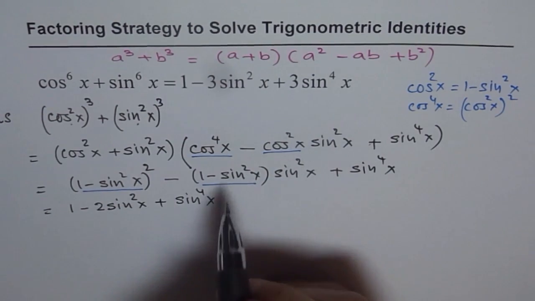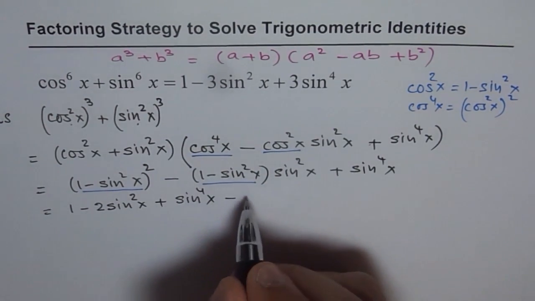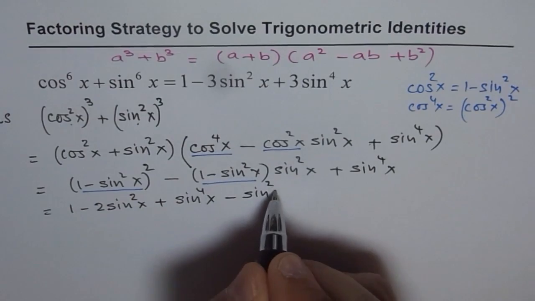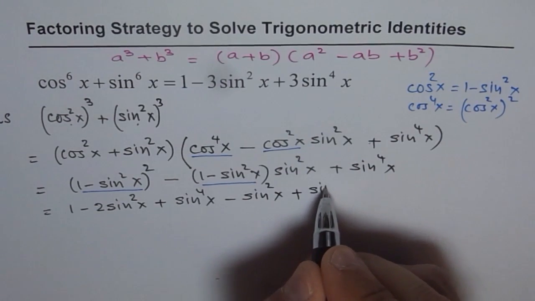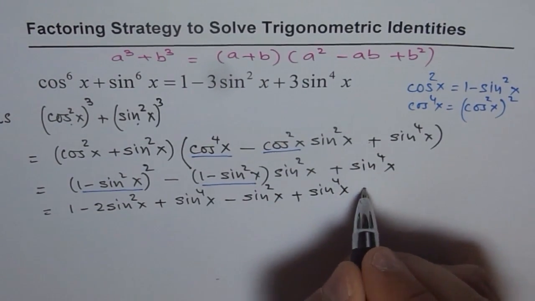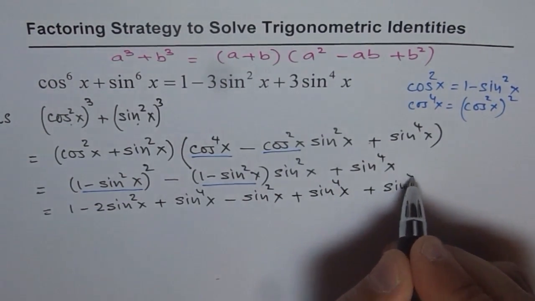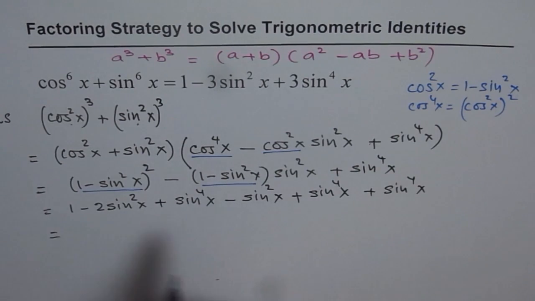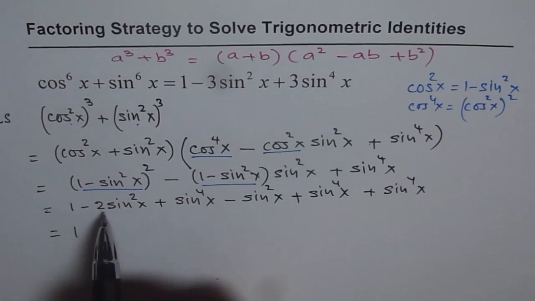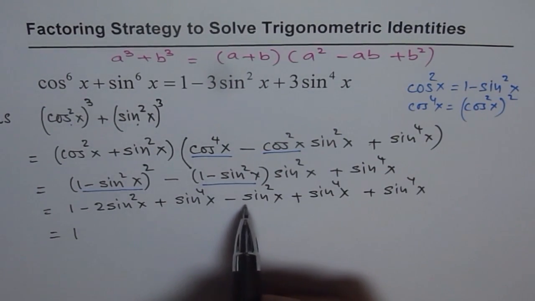Now let's expand the second term, which is minus sine square x, and minus times minus becomes plus sine to the power of 4x. And we have one term with sine to the power of 4x already with us. Now let's combine all these terms. We get 1 from here. Minus 2 sine square x and minus sine square x gives us minus 3 sine square x.